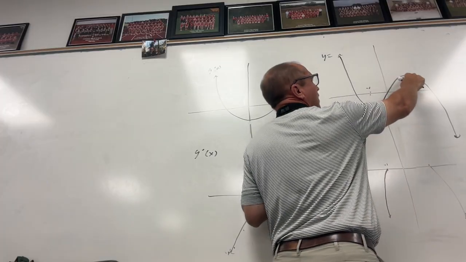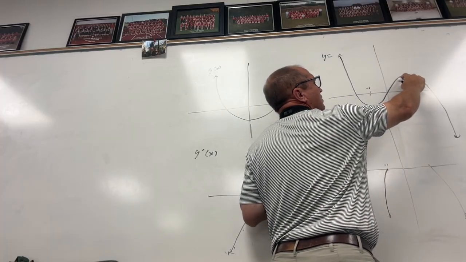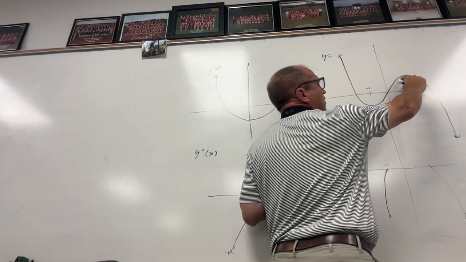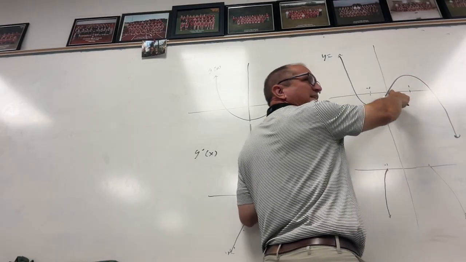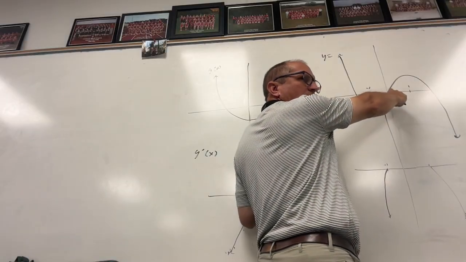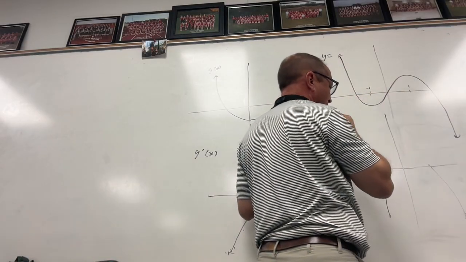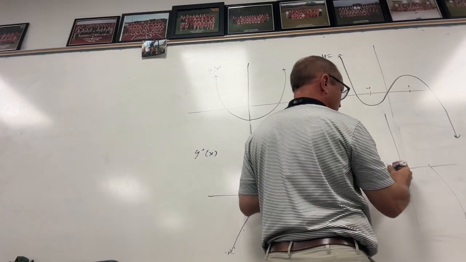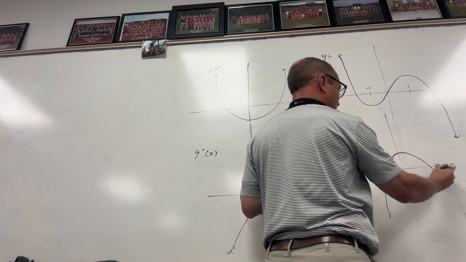And likewise right here, we're positive but not much greater than 0 here either. And our curve would actually be the steepest right in here. So we would expect to have our highest positive value here. So we come up and we're looking something like that.